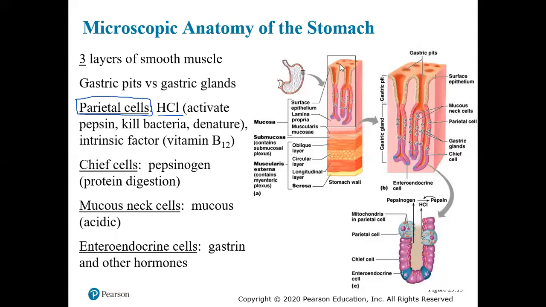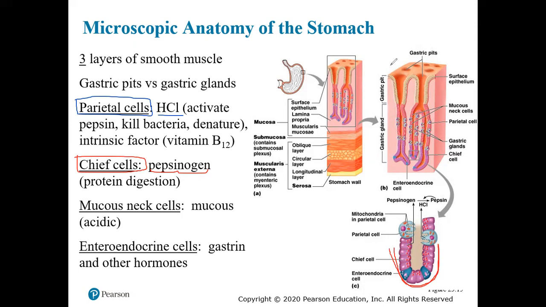The chief cells are going to produce pepsinogen, so this pepsin precursor, and that's going to be more at the end of the gastric glands.